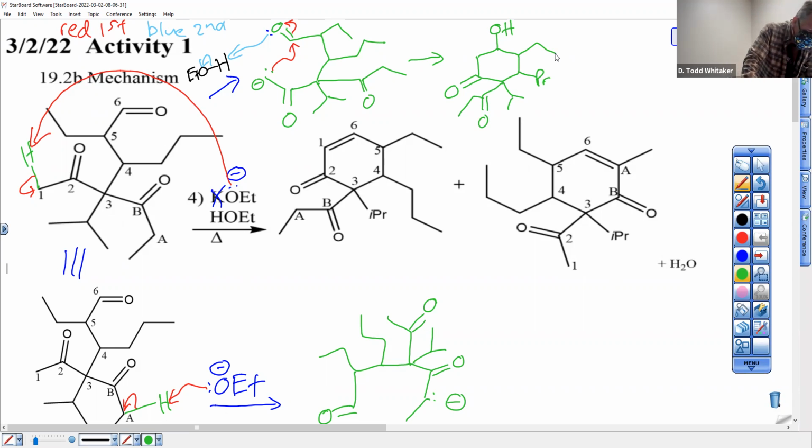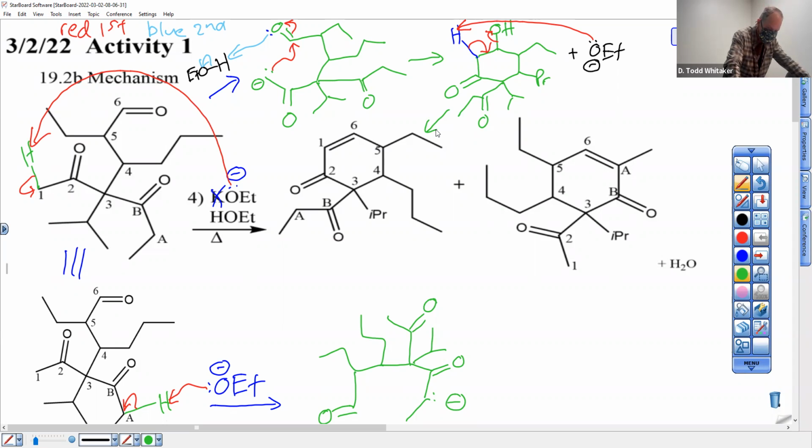And we're almost finished with that part of the mechanism. You do have to realize this molecule has an extra H in the alpha position. The OET minus you generated just now grabs alpha H number 2. Sigma becomes pi, hydroxide leaves, all that good stuff. And that generates that. Good stuff.